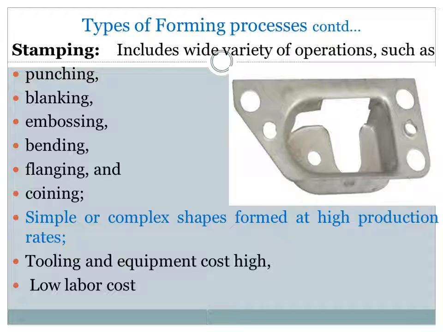In some cases various operations are combined on the same machine, or different operations are done in automated form, and the product is made with high accuracy and finish. And this is generally called stamping operation, or a product can be made by stamping process.